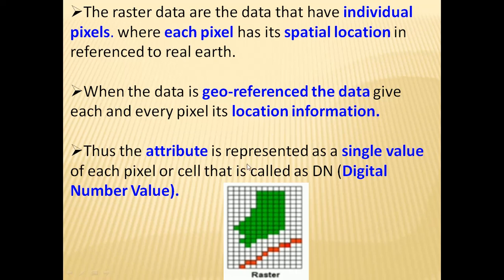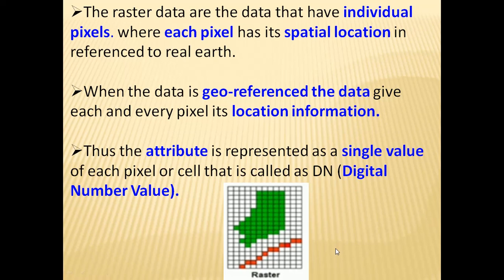The attribute is represented as a single value for each pixel or cell, which is called the digital number. Each pixel gives the brightness value, also called the digital number.